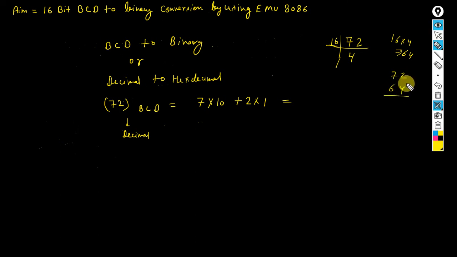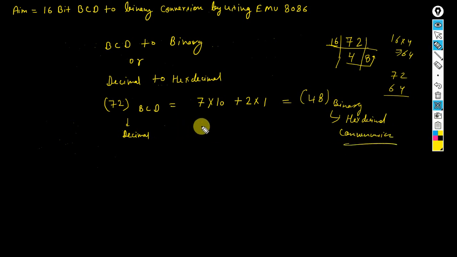Your remainder is 8. So the hexadecimal equivalent is 48. So this is known as binary conversion or hexadecimal conversion.